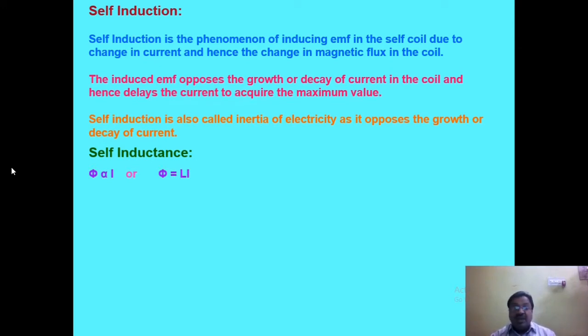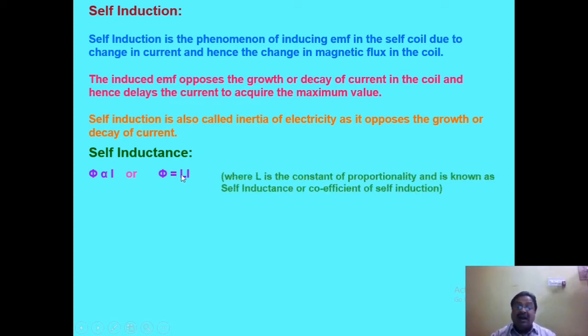Now, here you see, if current flowing through a coil increases, then magnetic flux linked with it will also be increased accordingly. So, you may say phi is directly proportional to current I. Introducing a constant of proportionality L here, phi will be equal to LI, and here L, the constant of proportionality, is called self-inductance or coefficient of self-induction of the coil.